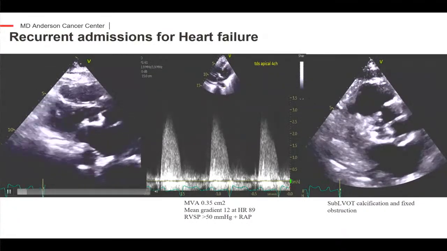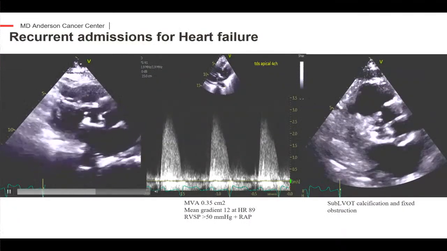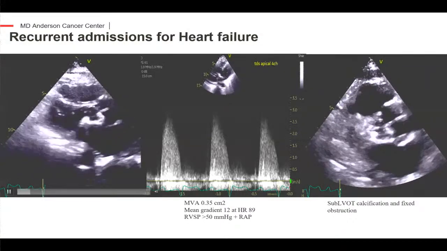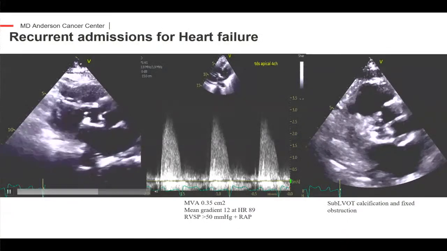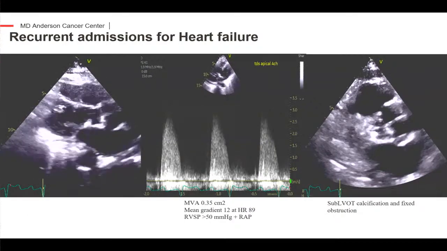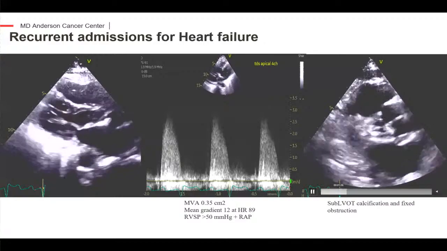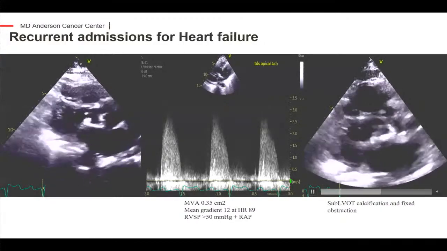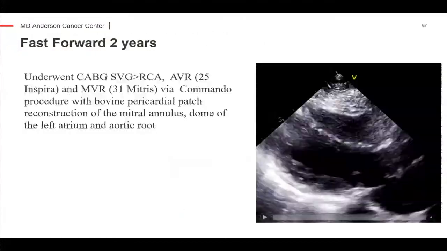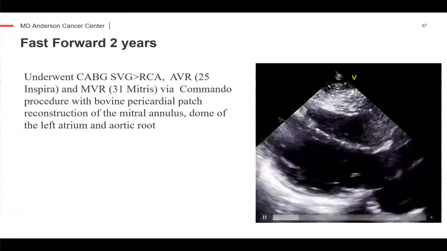She had stigmata of severe mitral stenosis as we know it, severe thickening within the aortomitral curtain, and severe calcification within the aortic valve. So after a lot of deliberation, one of the surgeons and her decided to move forward and take this patient to the OR, and she came to see me last week and wanted to share her images.